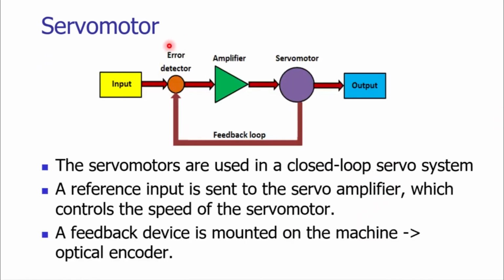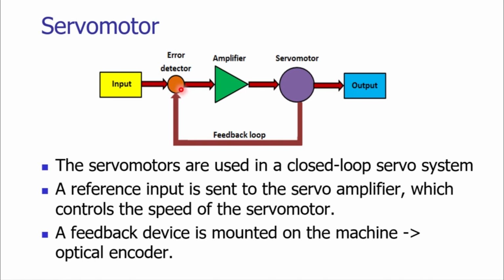On your screen, you can see the schematic of the arrangement used in a servo motor. We have the servo motor which is providing the output. The performance of the servo motor is continuously being monitored and given to the microprocessor or electronic circuitry.